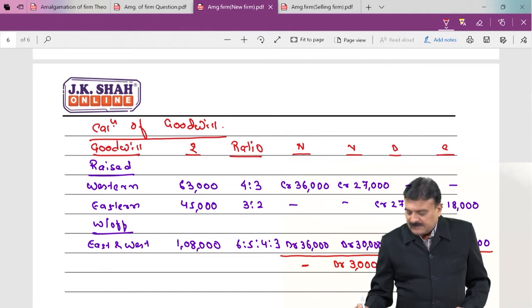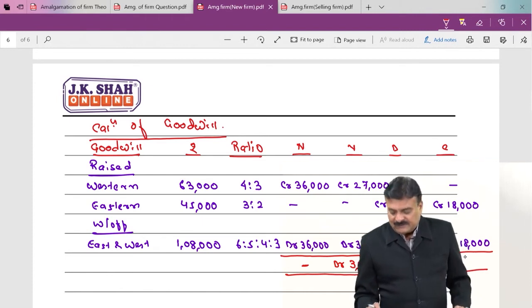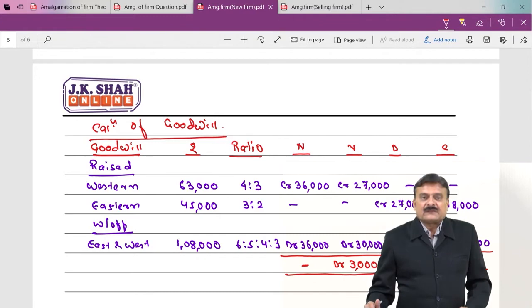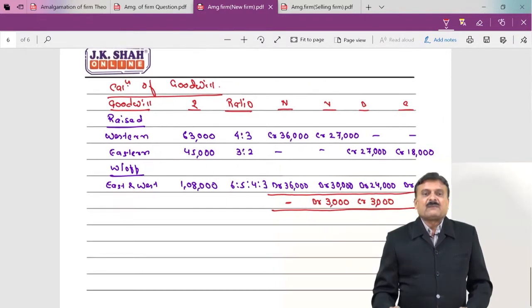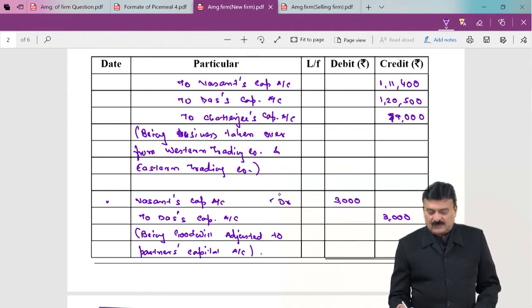Credit 18, debit 18, nullified. So what is my net entry coming over for goodwill is Vasant debit to Das capital account. See the working note again carefully before we pass the journal entry. The goodwill working note is prepared now. Your entry comes as Vasant's capital account debit to Das capital account 3,000.